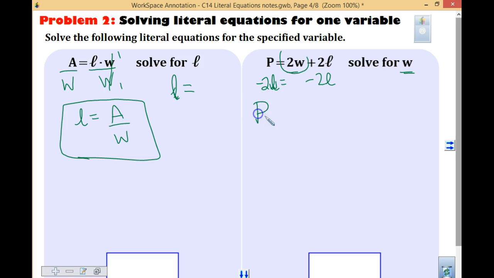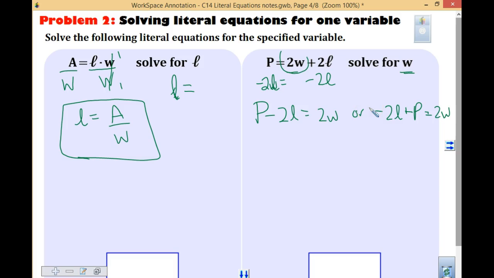So I have P minus 2L equals 2W. Or, you could have written it this way, negative 2L plus P, right? Equals 2W. Does it matter which of these two ways I write it? I just have to make sure that the 2L is negative.